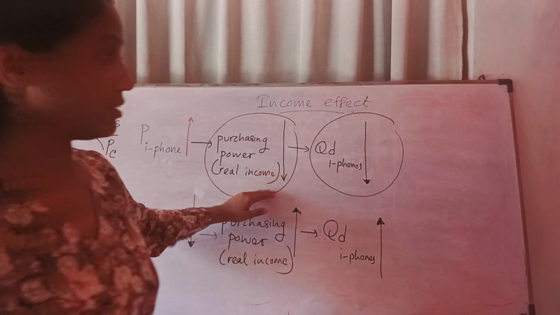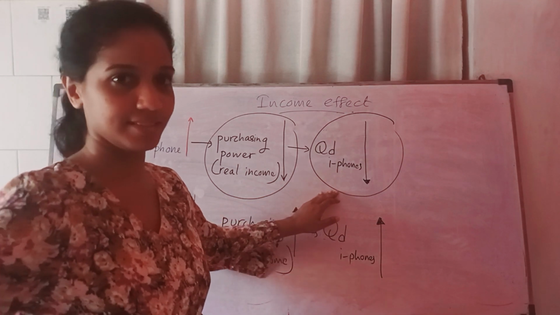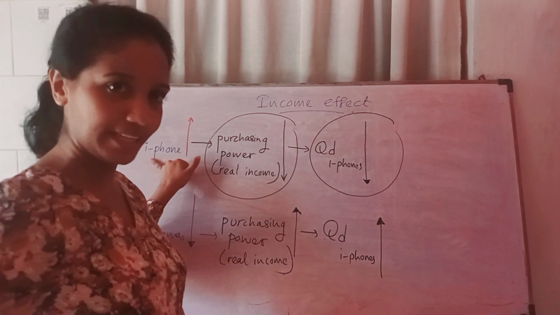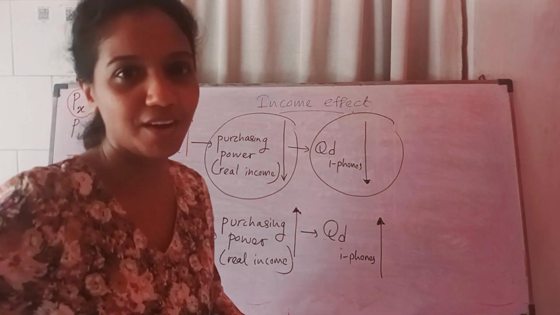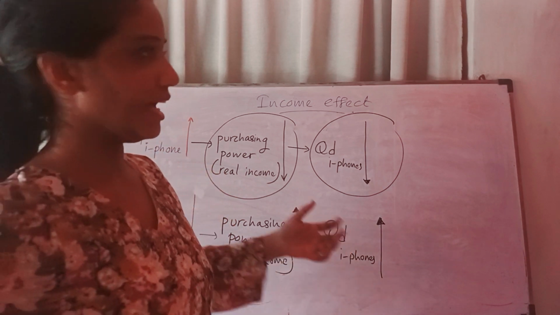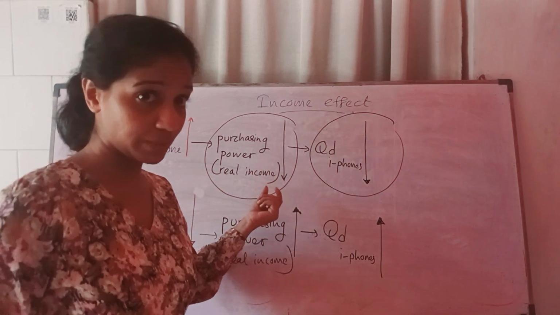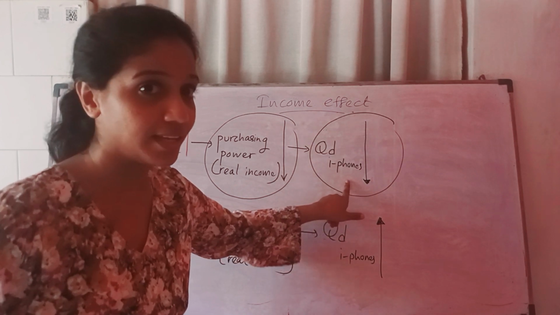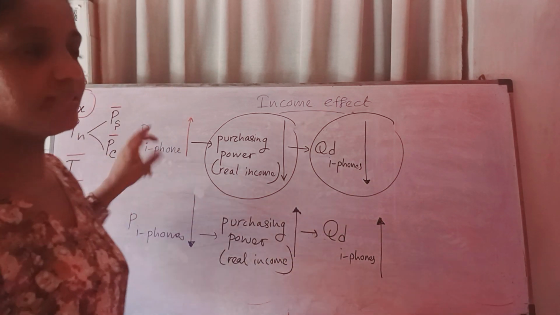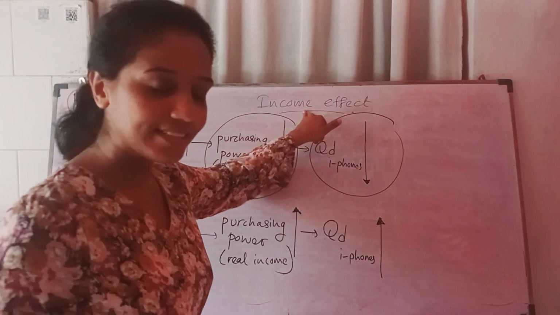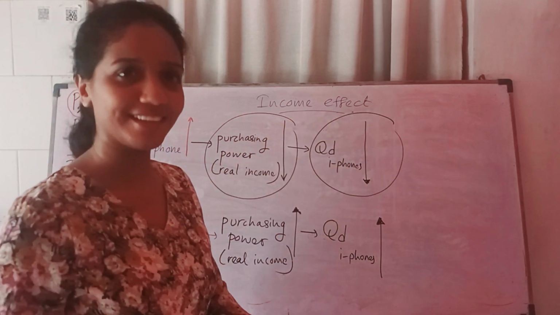When there is a positive relationship between the real income and the quantity demand of the concerned good, when the price of the concerned good changes, that is known as income effect, right?